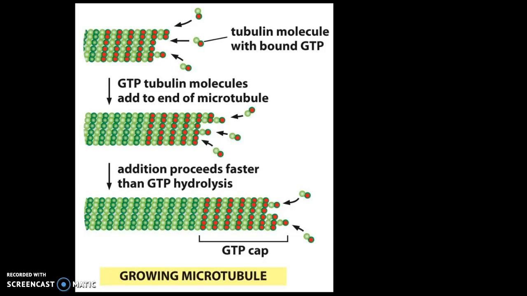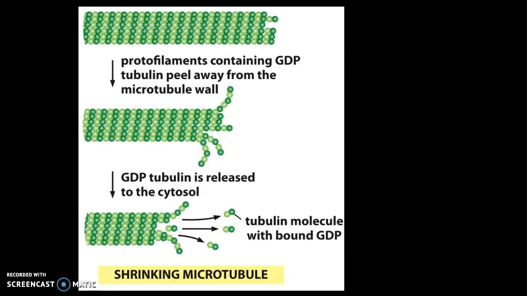There's always this end that has GTP attached to the tubulin dimers. However, if GTP were low for some reason, maybe some kind of signaling process, or maybe just energy, for whatever reason GTP gets low, then that hydrolysis of the GTP might catch up, so that there were no GTP bound tubulin dimers to add, and the constant hydrolysis would make it to the end.